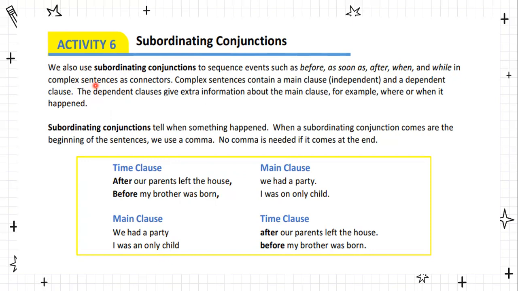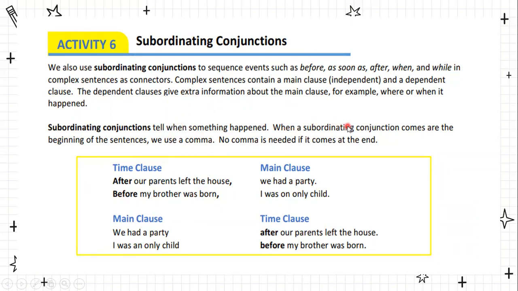So again, in complex sentences, the longer sentences in which I have independent clauses and dependent clauses, I join these clauses using subordinating conjunctions. The dependent clauses give extra information about the main clause, which is the independent. We learned this before. So subordinating conjunctions tell when something happened, after, before, as soon as, okay? They're telling me when this action happened.